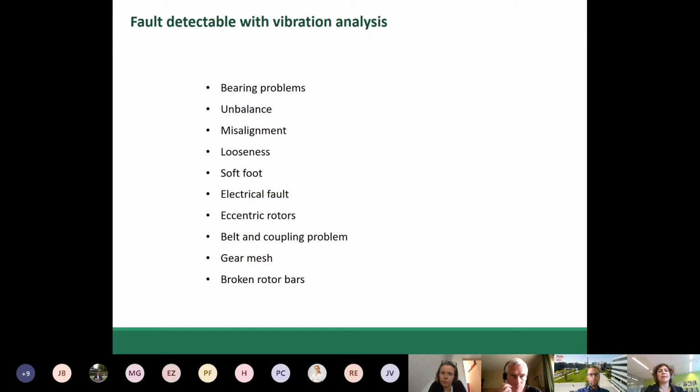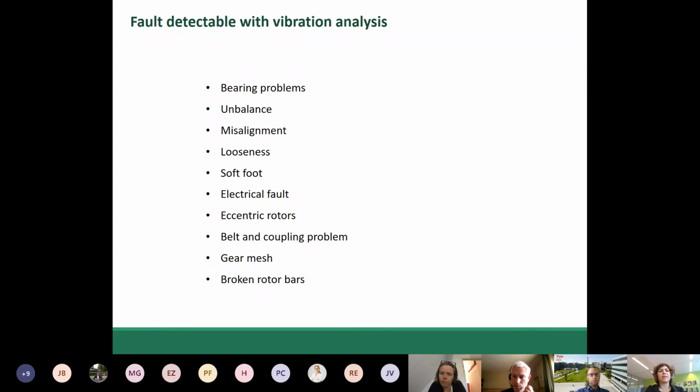What kind of fault can be detectable with vibration analysis? Bearing problems, unbalance, misalignment, looseness, soft foot, electrical fault, eccentric rotors, belt and coupling problem, gear mesh, and broken rotor bars.